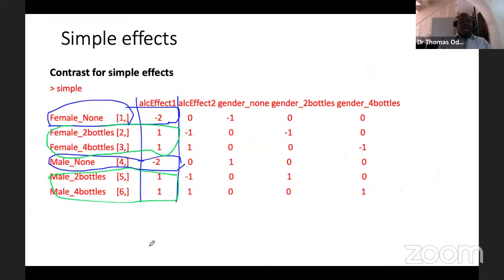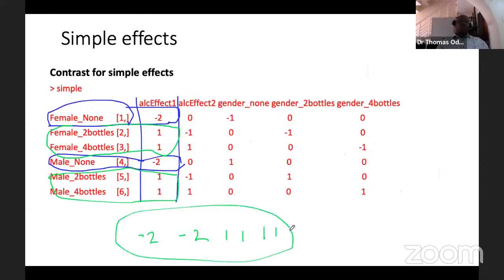We compare none. The none can come from male or female, and the some bottles can also come from male or female. So you can see from here we have -2, we have -2, and then we have +1, 1, 1, 1, and they all sum to 0.